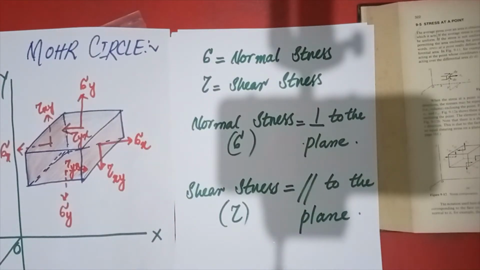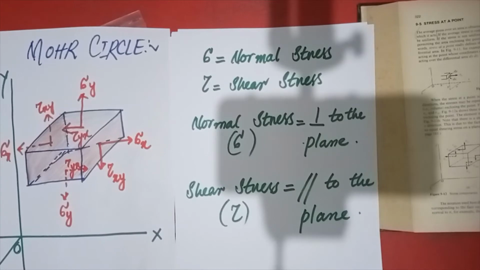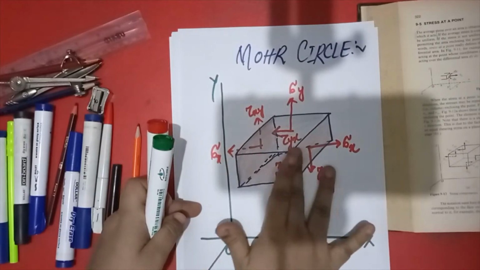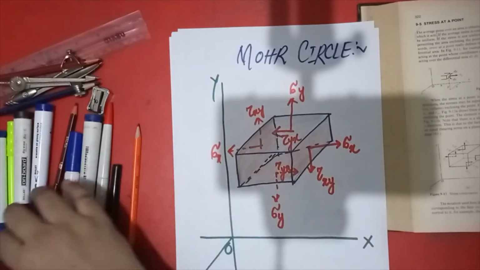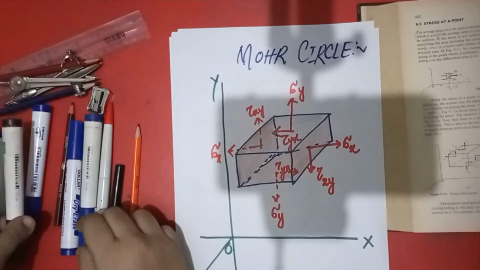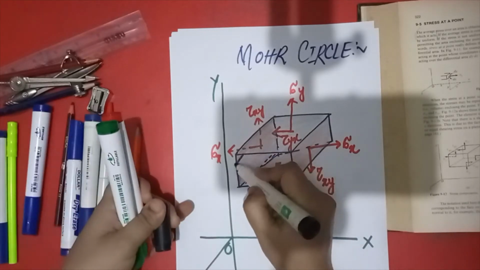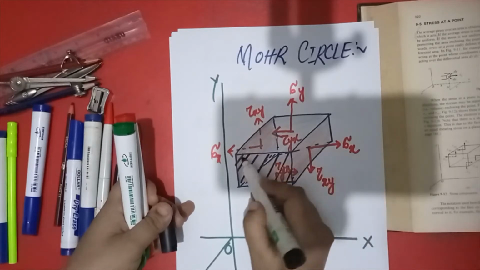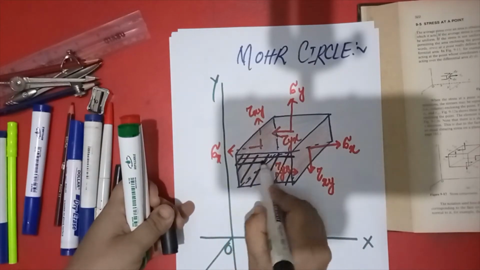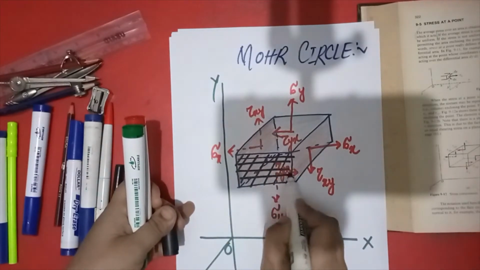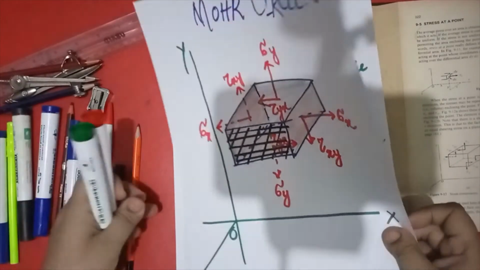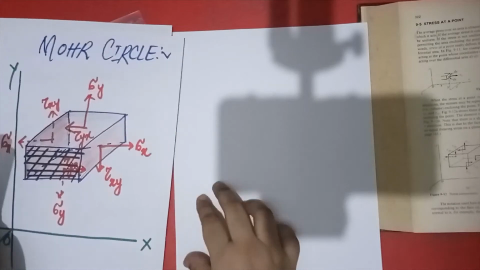Now what we have to do in the next step is I am going to take its front face, this face, where I am giving the pattern. I am talking about this face.